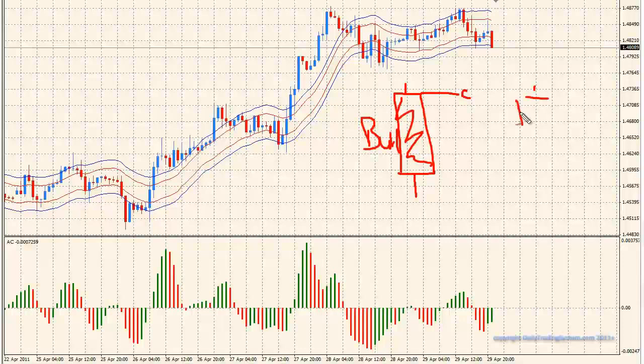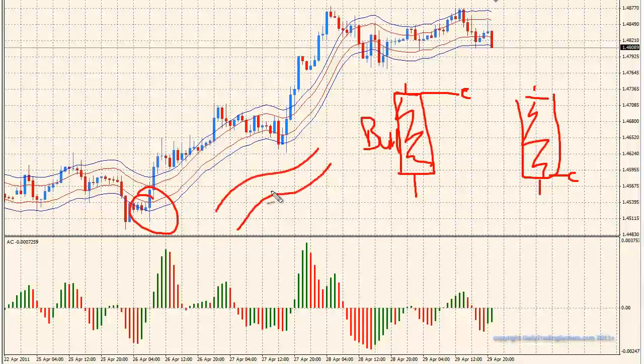If you had a sell trade opportunity coming up, you're looking for a red candle, according to my template, and the close will be down at the bottom. This is a buy trade opportunity, and we're looking for the close to be inside the two lower bands, and as you can see, that is where it closes.